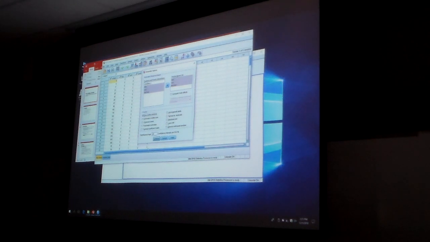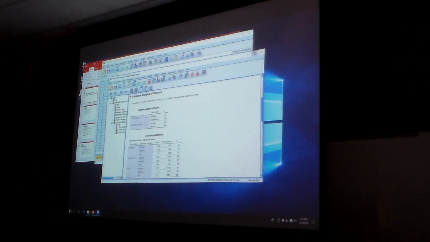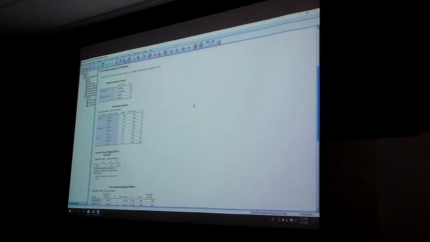Then we're going to request descriptive statistics, estimates of effect size, and homogeneity of variance tests. Okay, then we're going to hit continue. You guys hit paste. I'll go ahead and hit OK. And so here's the output we're getting.